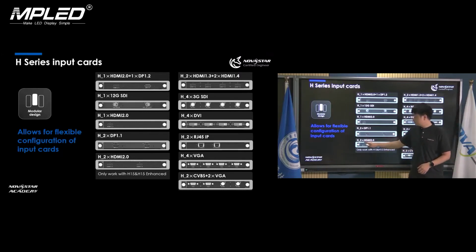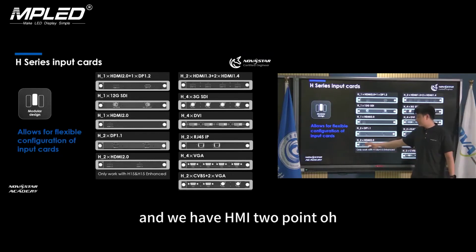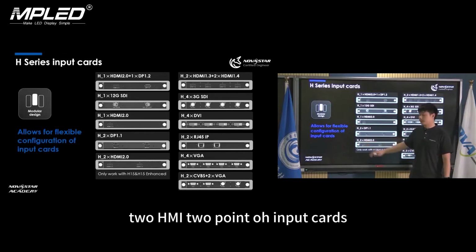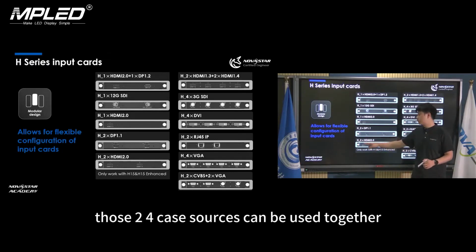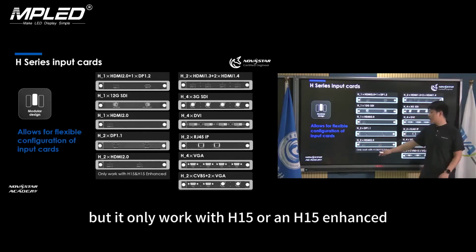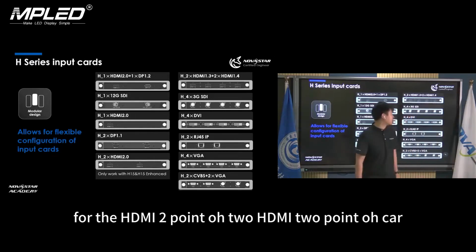If you need more 4K input sources, we have the two HDMI 2.0 input card, and those two 4K sources can be used together at the same time. But it only works with the H15 or NH15 enhanced.